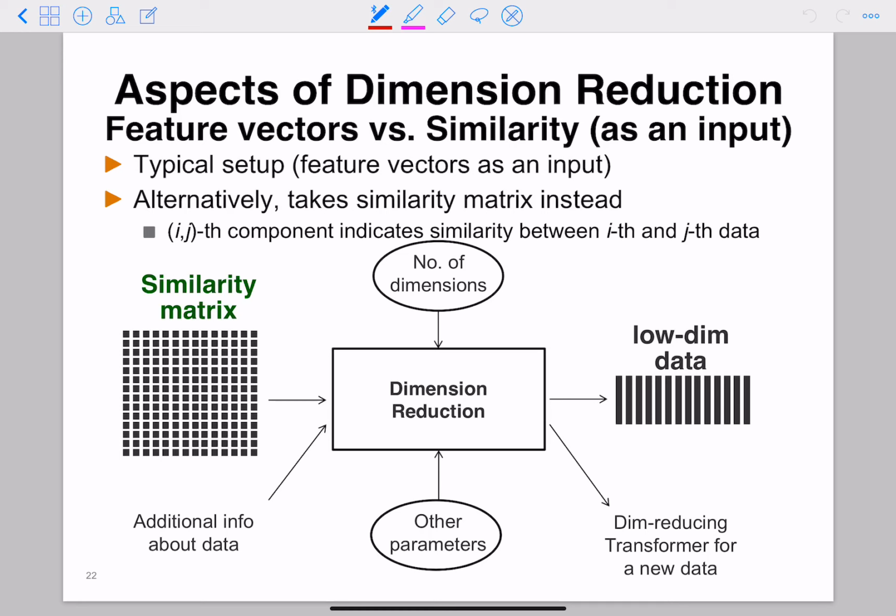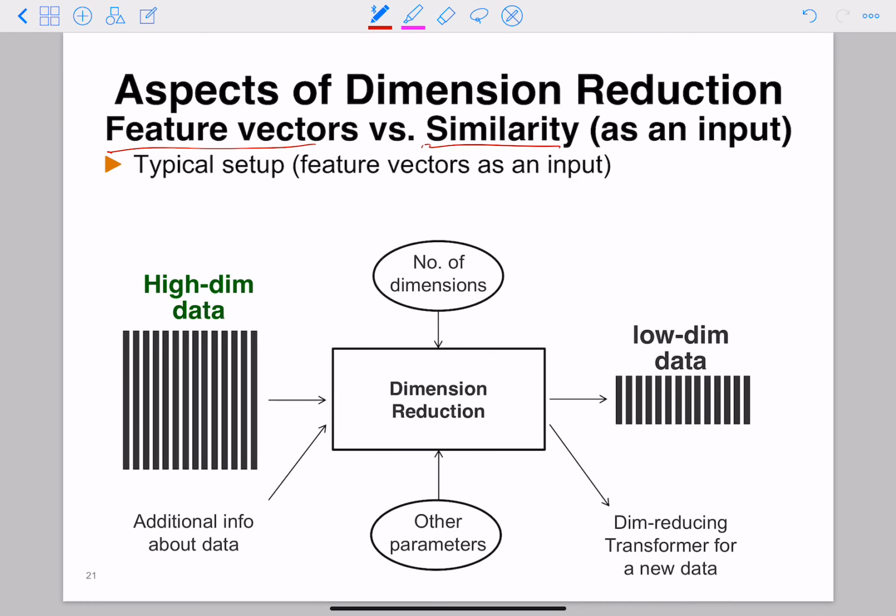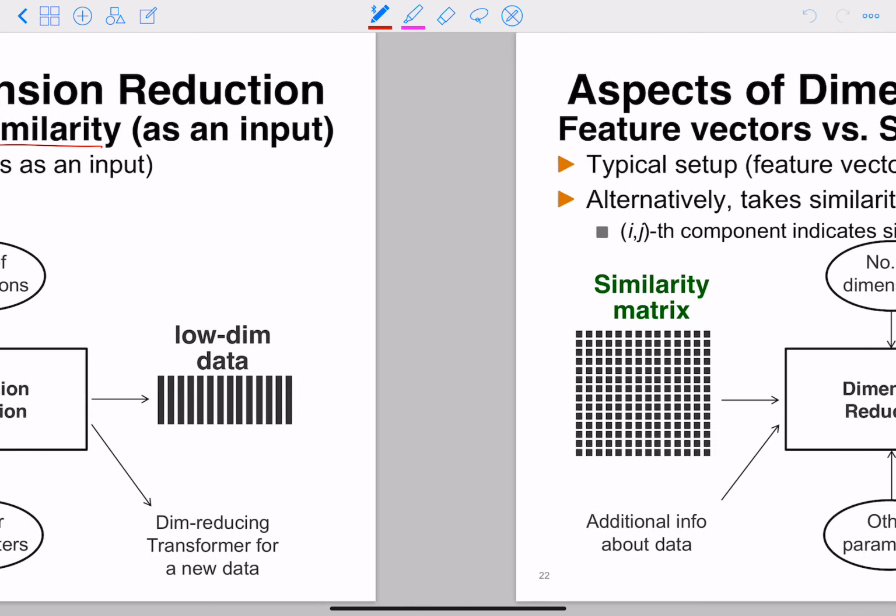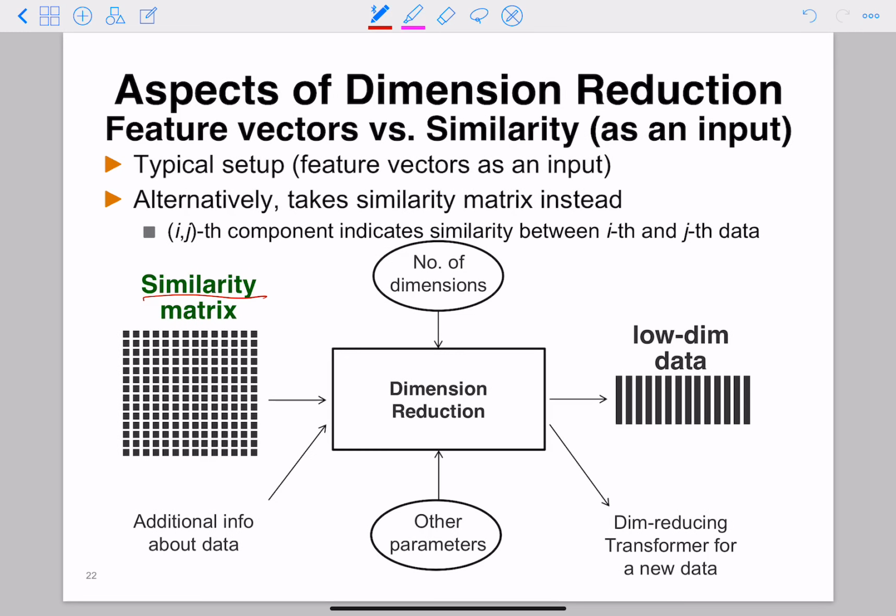Dimension reduction is almost the same. In the case of dimension reduction, you can take the original feature vector representation, but it also takes the similarity matrix as an input.